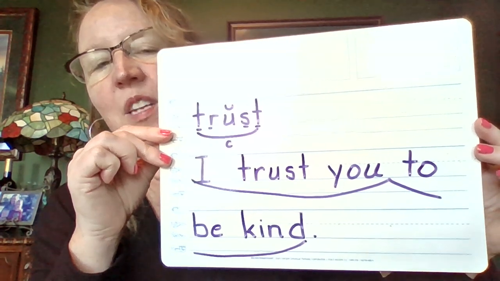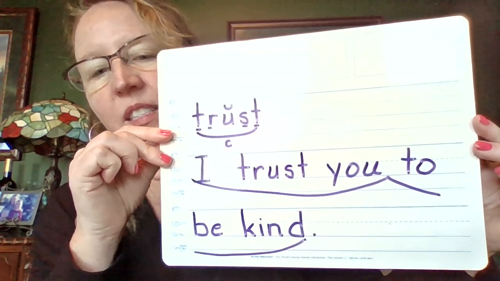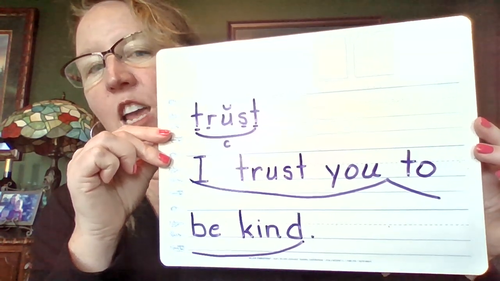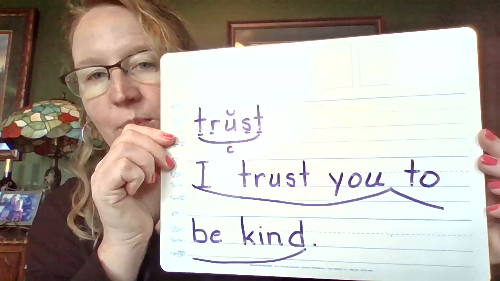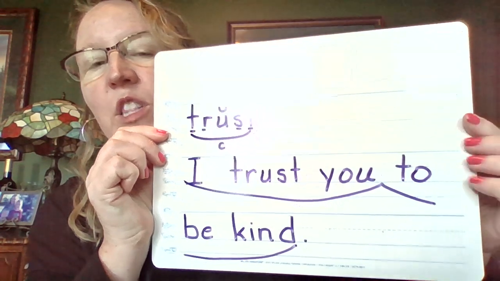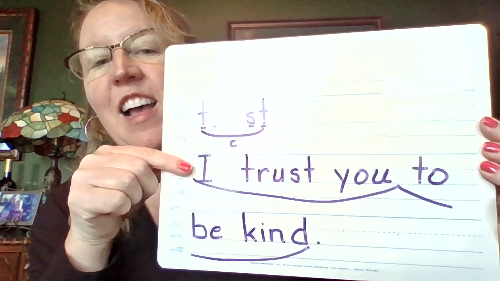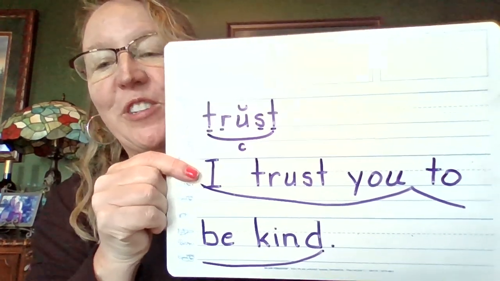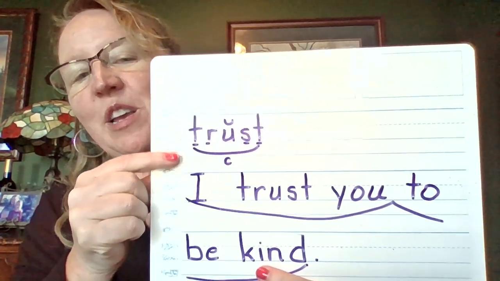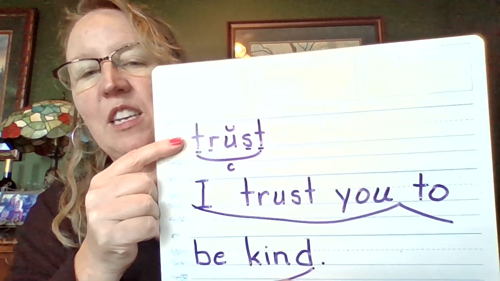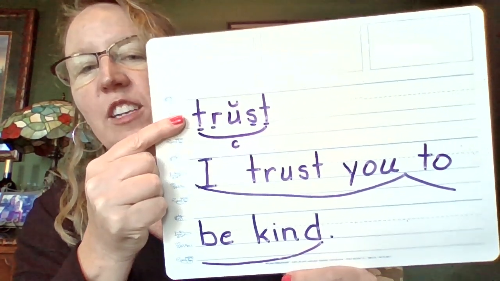I do. So we're going to be writing this in our Wilson notebooks, and we are going to be in the vocabulary section. What letter are we looking for? T. Not I. I is the first word of our sentence, and it's very important. But the first letter of our word that we're putting in the notebook is a T, so it's trust.